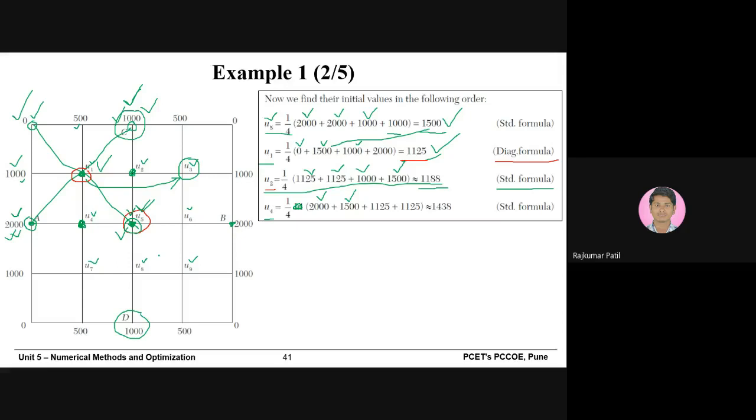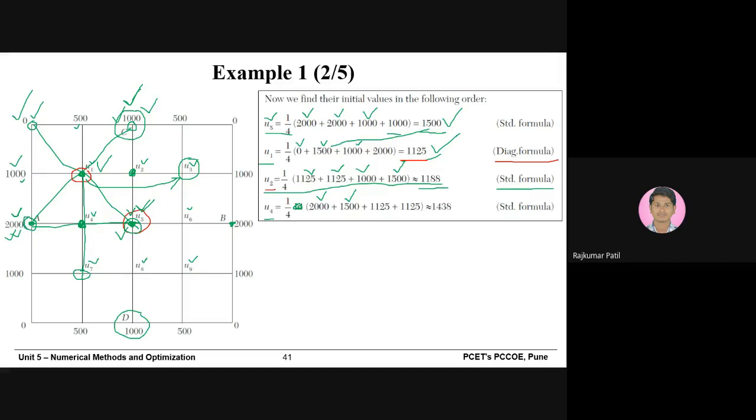So u4 you can calculate by using these 4 neighbors.